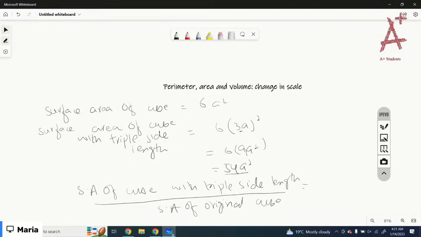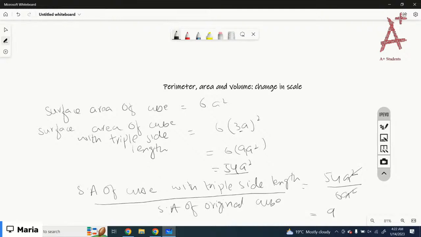Okay, it is 54a square, and the original one is 6a square. A square cancel out each other, and 6 times what number is 54? 6 times 9 is 54. That means the surface area of the triple side length cube is 9 times the surface area of the original cube. Got it?